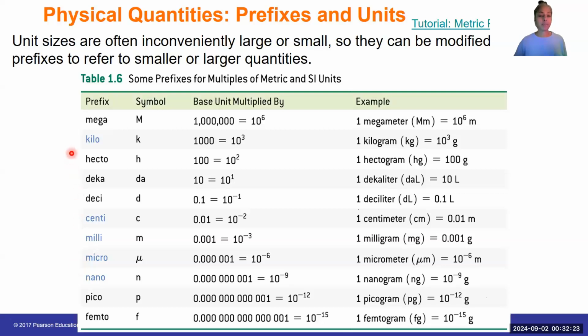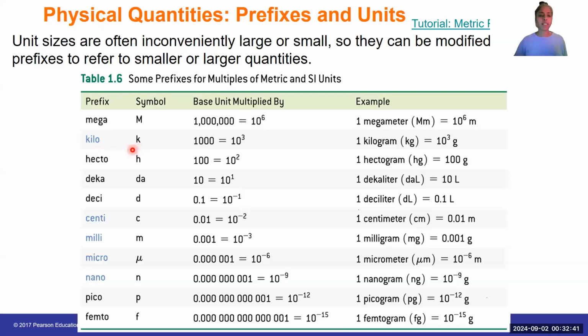So commit these to memory. You can put these on flashcards to help you remember. And don't forget, when you're using flashcards, make sure you say the definitions or the meanings out loud so that you can remember them.